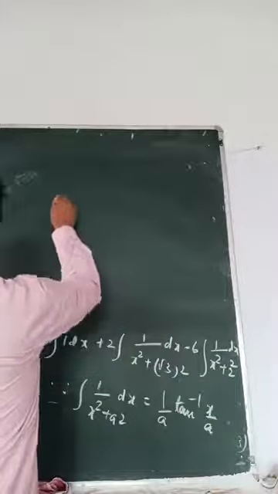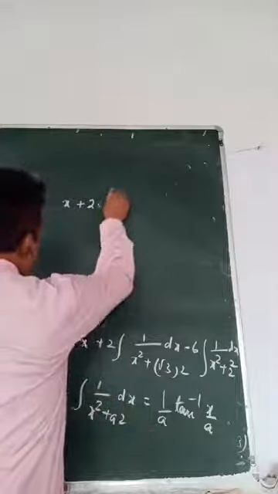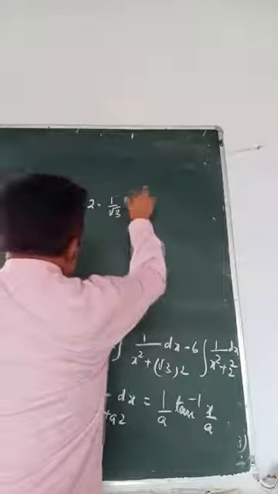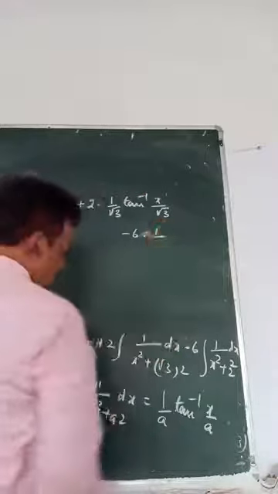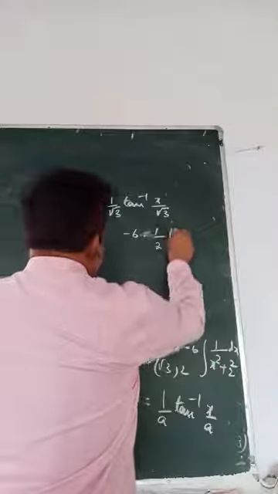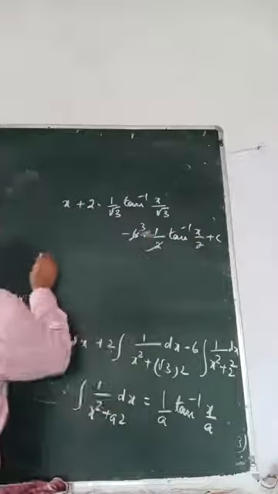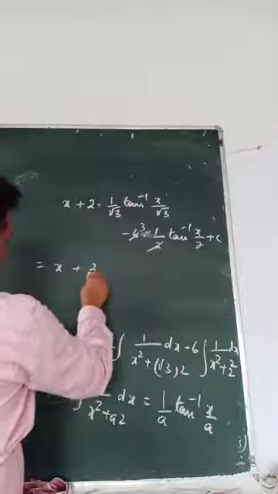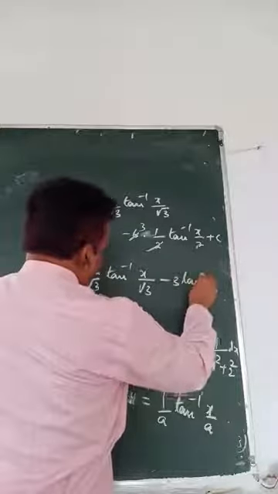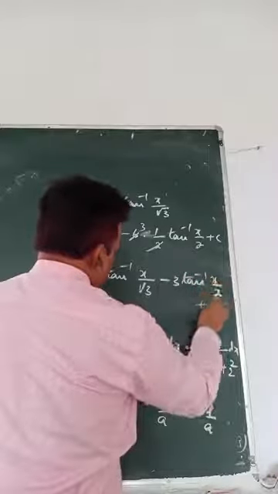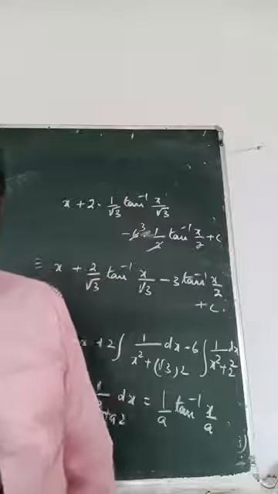The integral of 1 dx is x, plus 2 into 1 by root 3 tan inverse x by root 3, minus 6 into 1 by 2 tan inverse x by 2, plus a constant. If you want to simplify, it is x plus 2 by root 3 tan inverse x by root 3 minus 3 tan inverse x by 2 plus a constant.